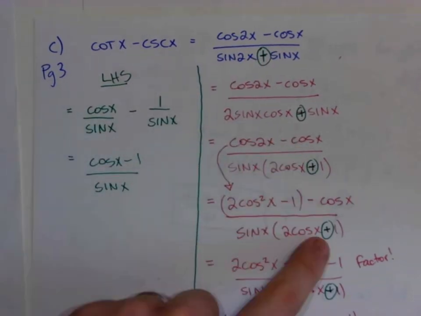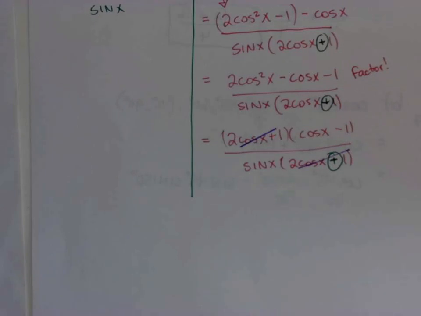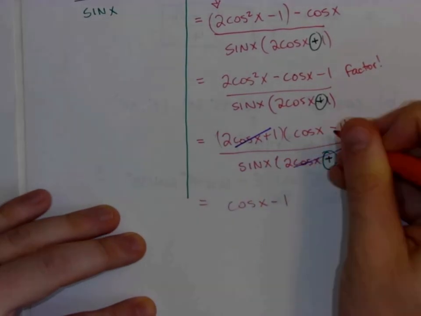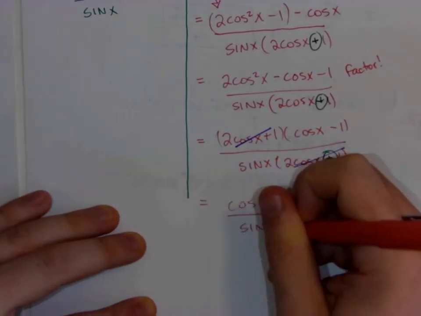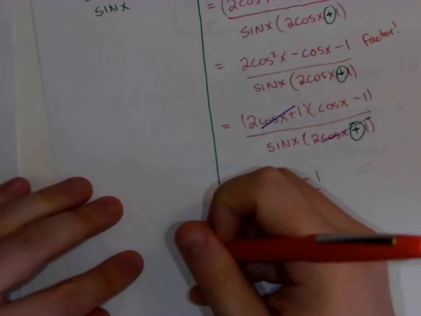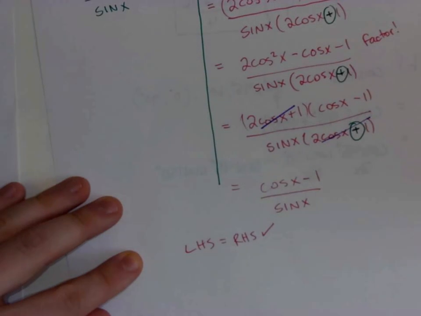Just make the change here as I went through. Since that canceled out, I am now left with cos x minus 1 on top over sine x. And now my left-hand side equals my right-hand side, and I have proven the identity.